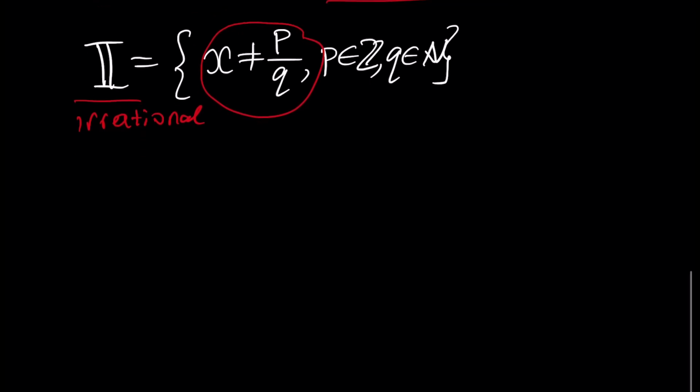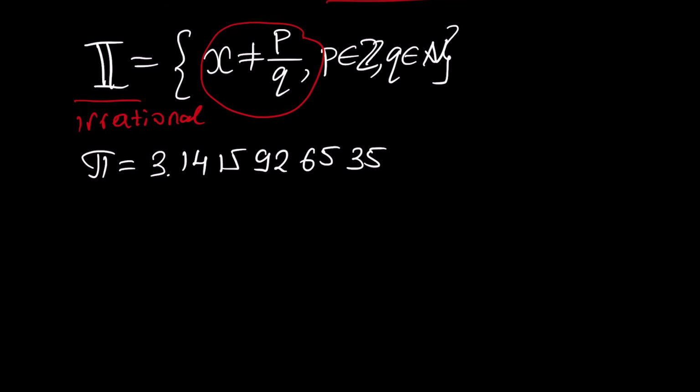Examples of irrational numbers: the first example is the number pi, which is 3.1415926535 and so on. The next famous number is the number e. All of these numbers will be covered further. Don't worry if you don't know these constants.